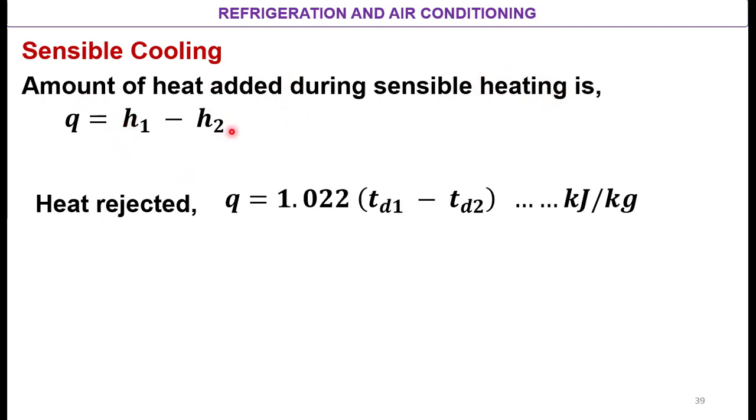So the initial enthalpy minus the final enthalpy, H1 minus H2. It can also be written in this equation as 1.022 times (TD1 minus TD2), the inlet dry bulb temperature minus the outlet dry bulb temperature.